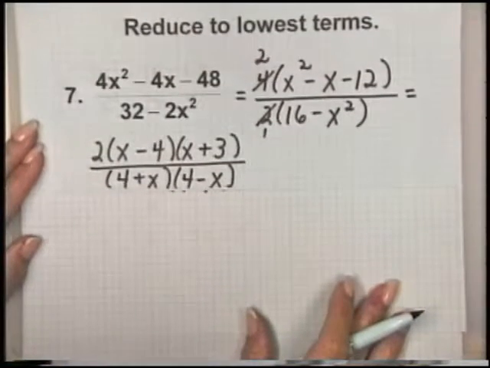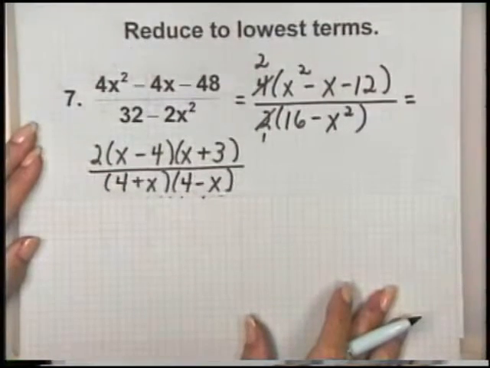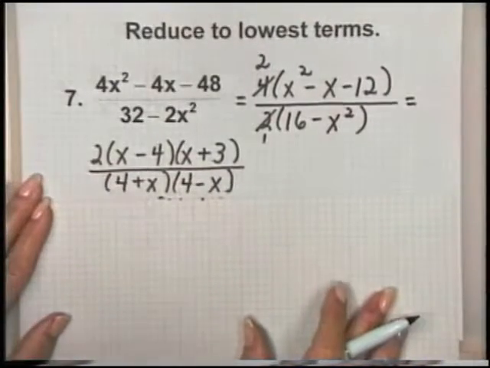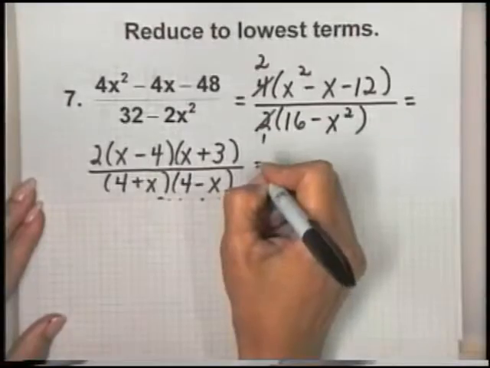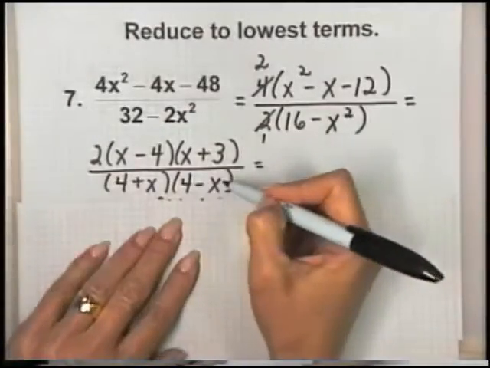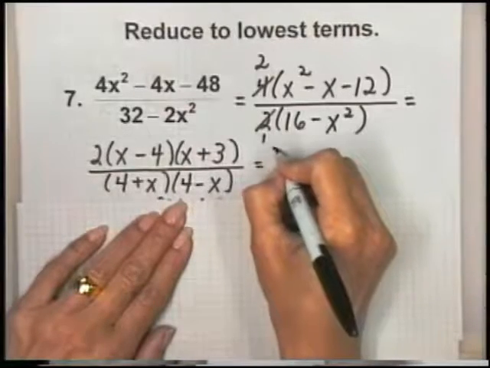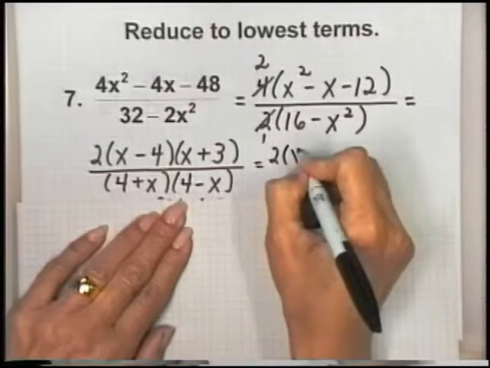Now, remember that any time I have factors that are opposites, I factor a -1 out of either the factor in the numerator or the denominator. I'm going to choose to factor the -1 out of this denominator factor, so let's write this numerator.